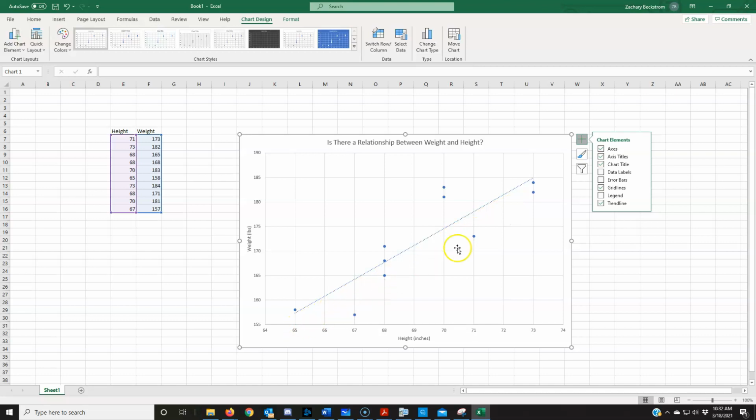And so this is how we go through this entire process. We graph our values, we insert the graph, it uses these values here, and we can add in these axis titles and put the line in. I would say this is a relatively strong correlation. These points aren't too far away from the line. Some of these points are real close.